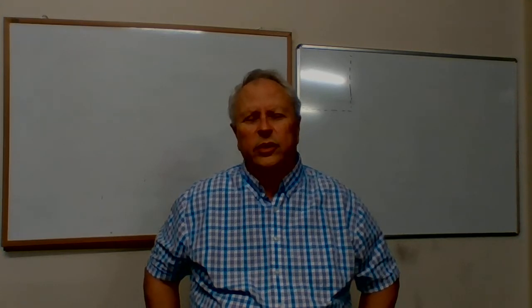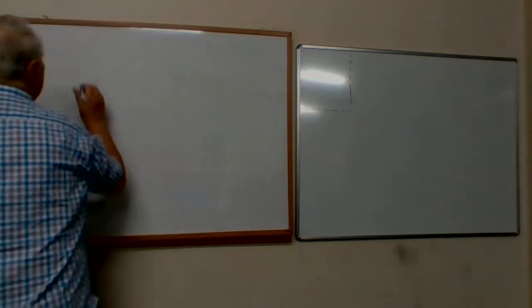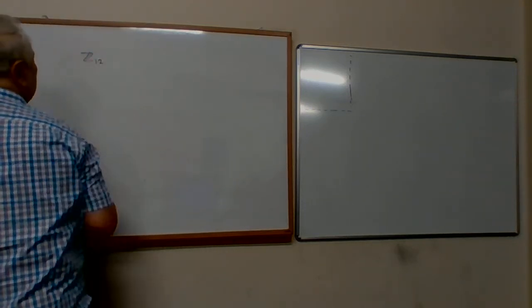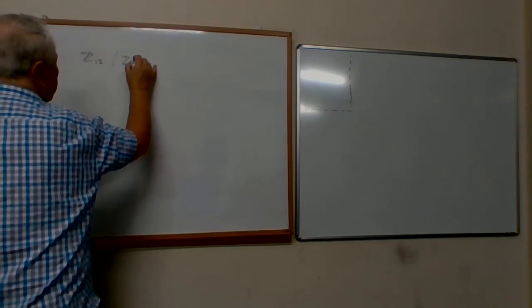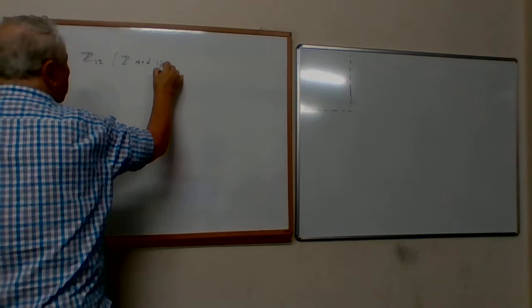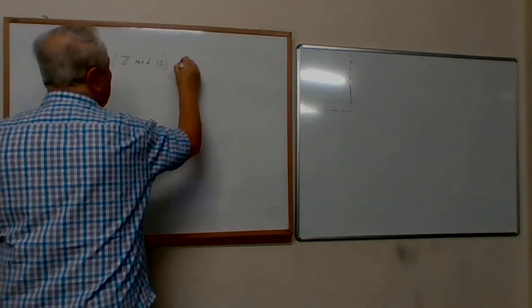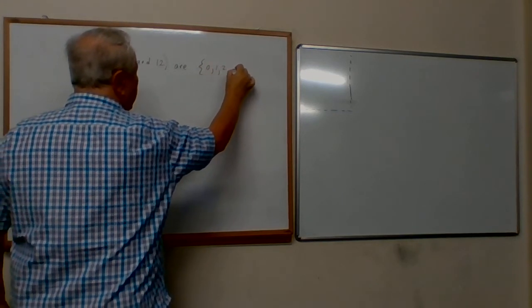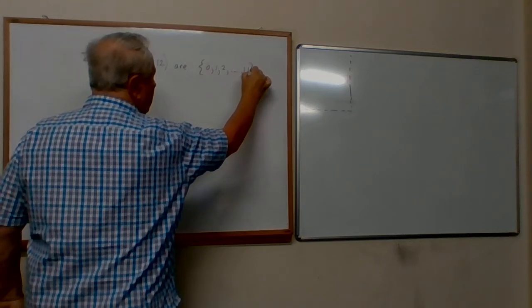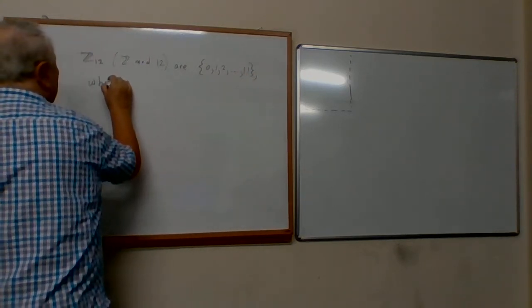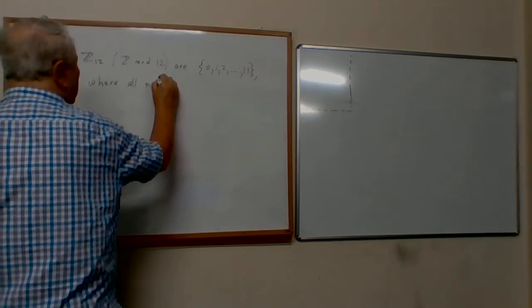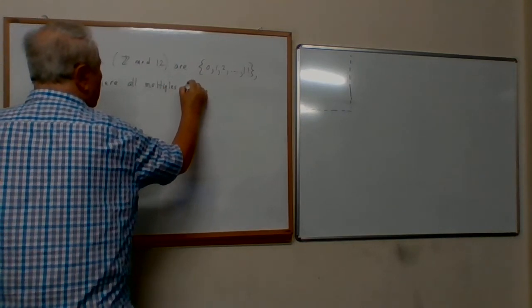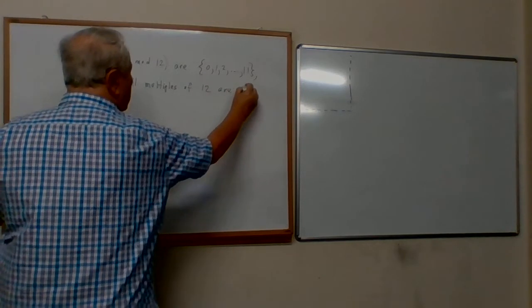And so this set, which I call Z mod 12, the integers mod 12, are 0, 1, 2, up to 11, where all multiples of 12 are 0.